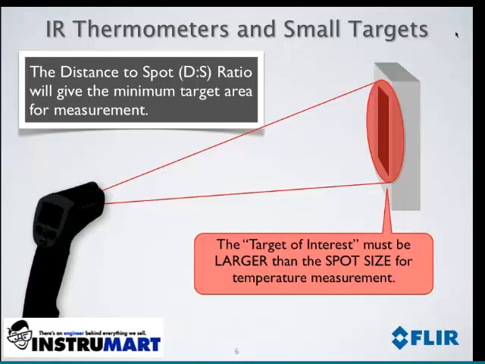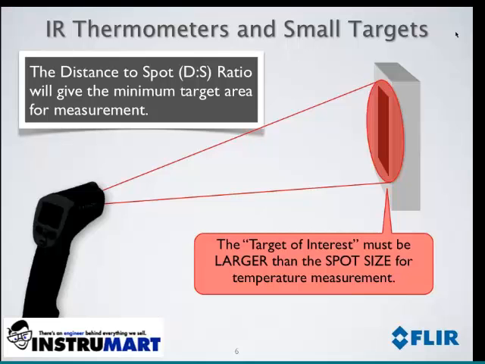Of key importance when utilizing IR thermometers is to ensure that the target of interest is larger than that spot size, because the IR thermometer actually measures an area and not necessarily a spot.